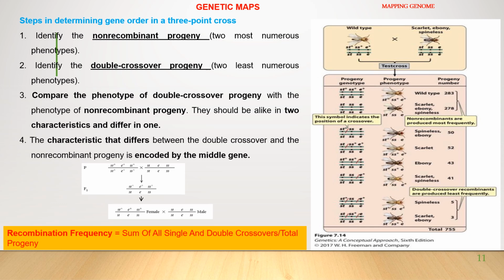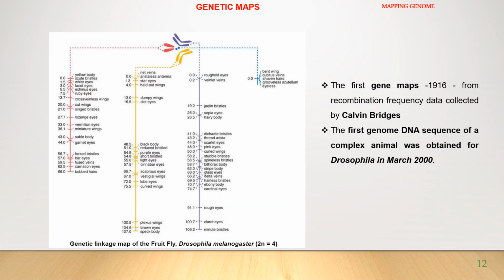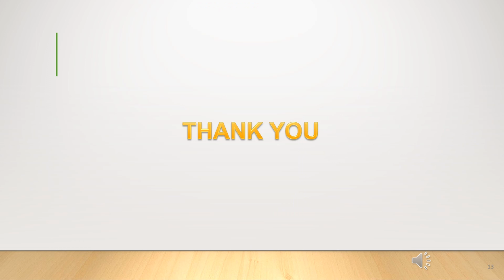In this way, the map distances between the genes as well as the gene order are known. The figure here shows the linkage map of Drosophila. The first linkage map of Drosophila was constructed in 1916 by using the recombination frequency data collected by Bridges. Thank you.